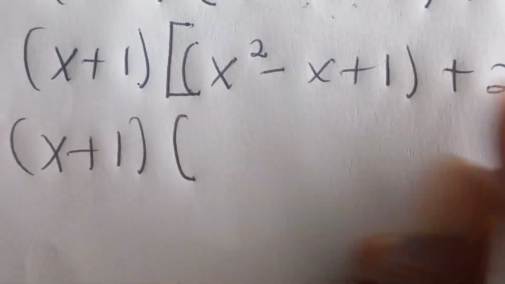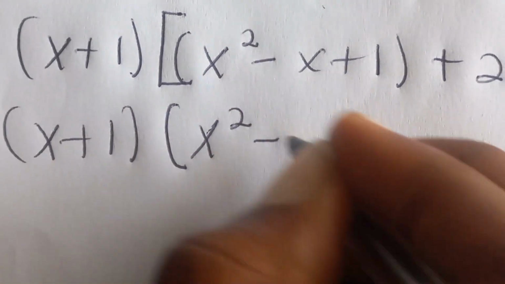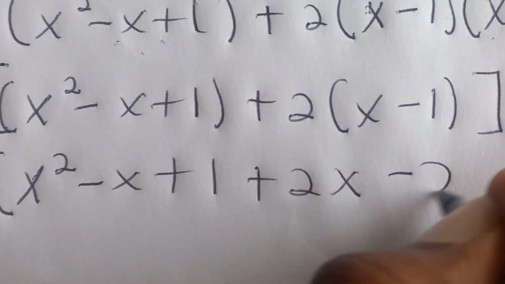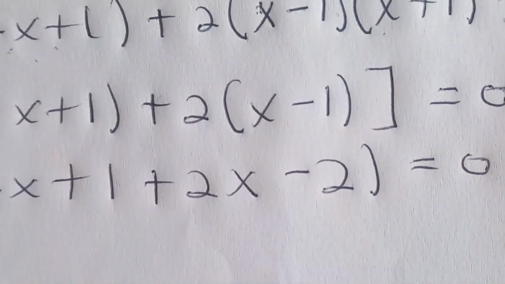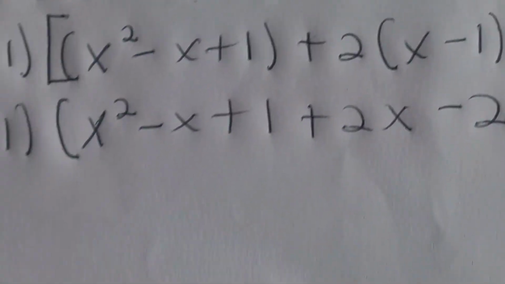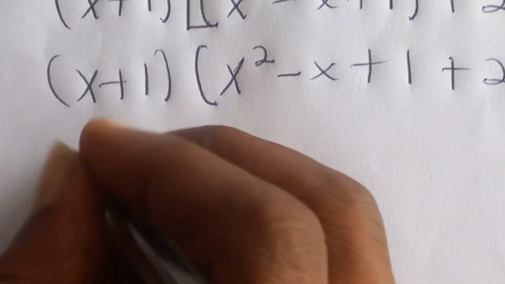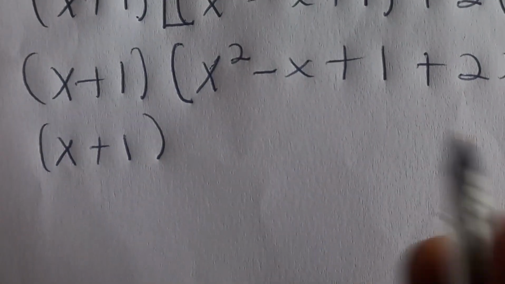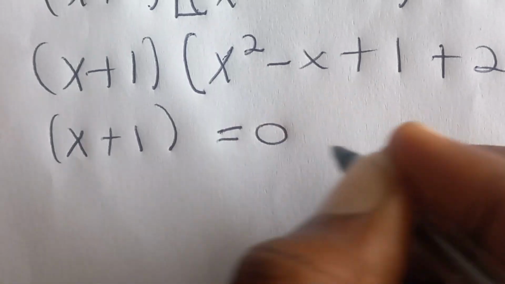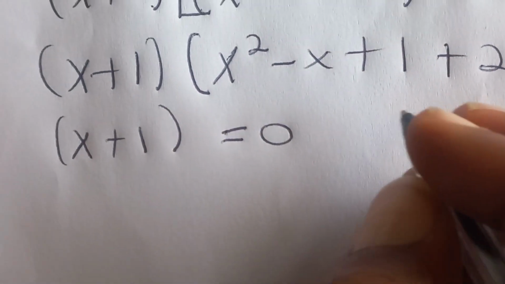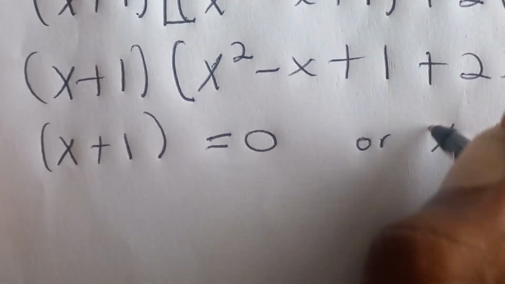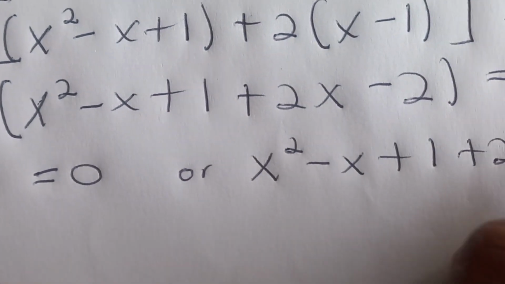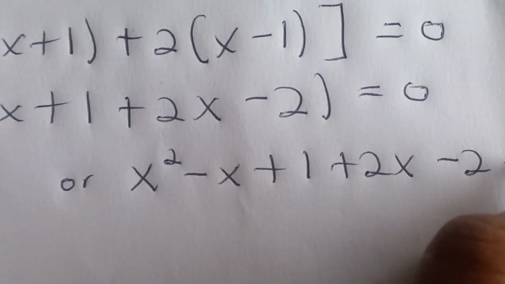Let's try to sum up this here. We have x squared minus x plus 1 plus 2x minus 2 is equal to 0. Now, x plus 1 bracket is equal to 0, and then we have x squared minus x plus 1 plus 2x minus 2 is also equal to 0.